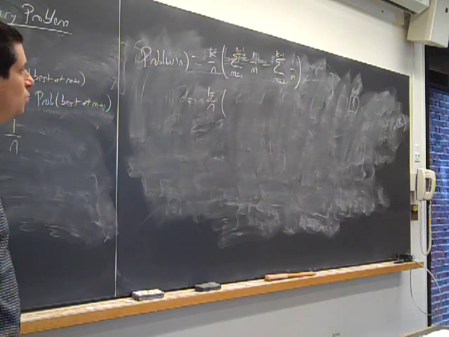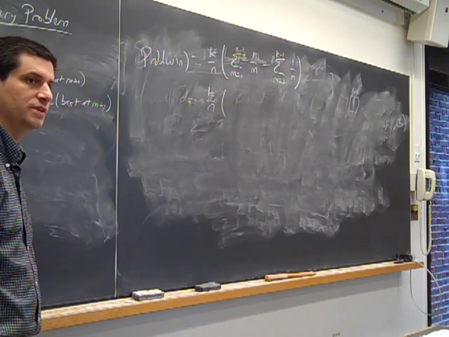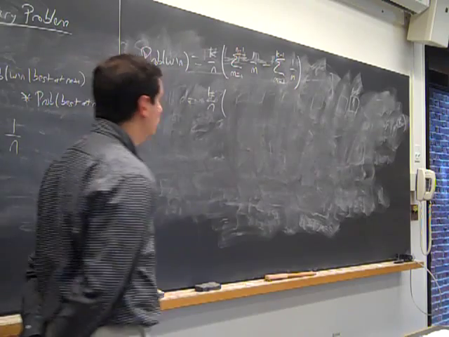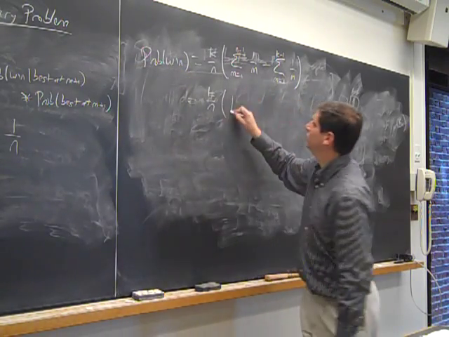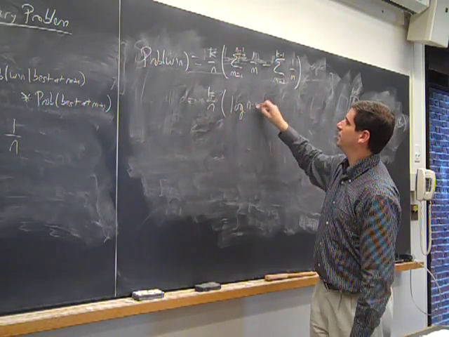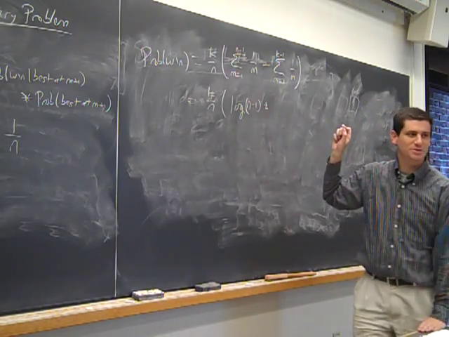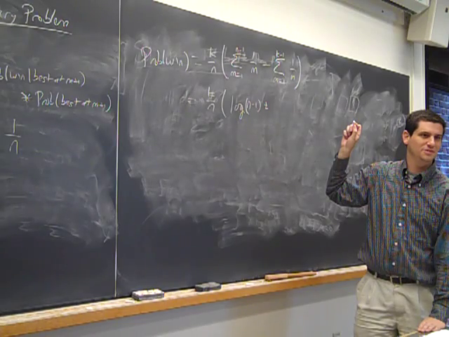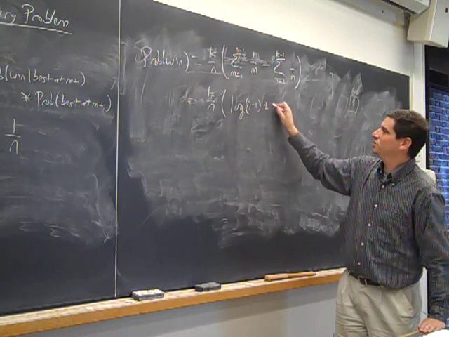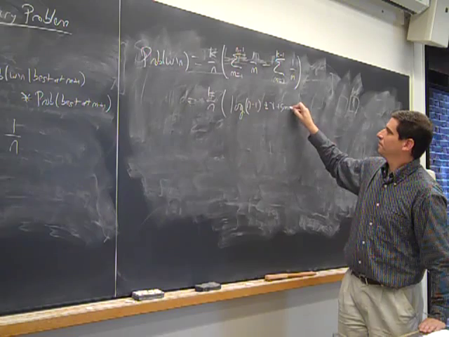So who's seen a sum like 1 over M before? Yes? Harmonic. It looks like a harmonic. So this is going to look like the log of N minus 1. It's either plus or minus Euler's constant here. Is it plus or minus? Does anybody remember? Plus or minus Euler's constant plus small.